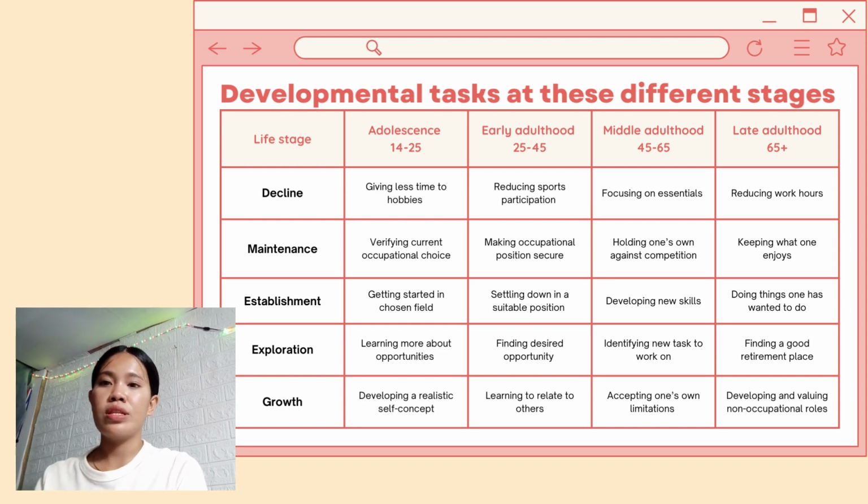Middle adulthood, accepting one's own limitation. Late adulthood, developing and valuing occupational. Dito sa growth, we develop self-concept, attitudes, needs, and general world of work.